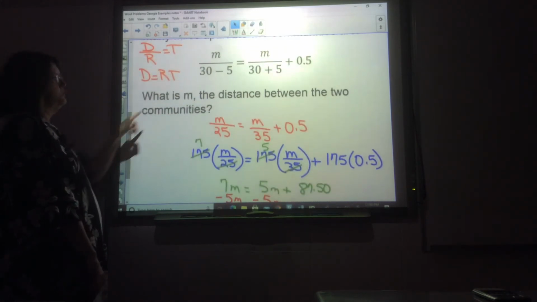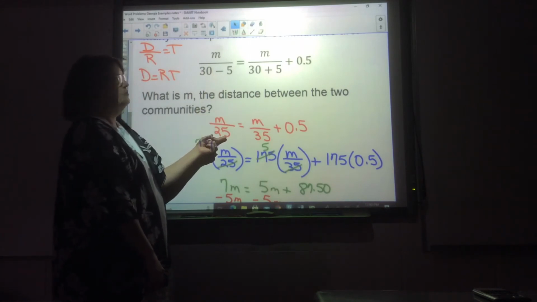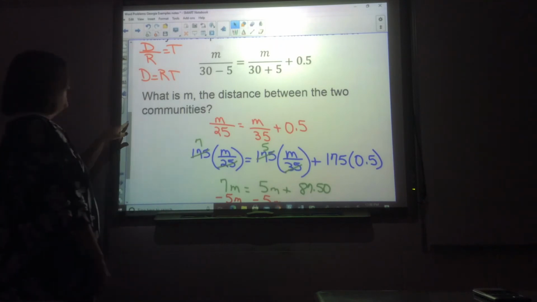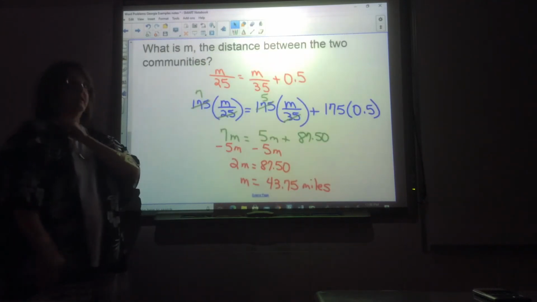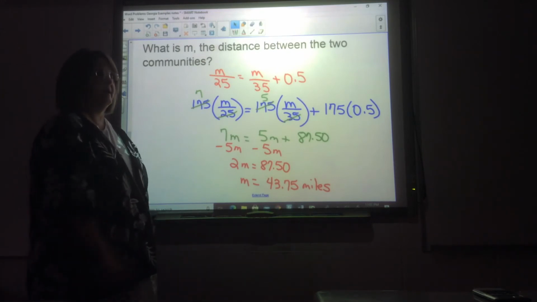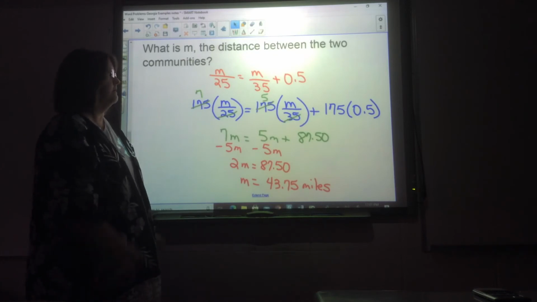Now what we do is we take this equation and we take 30 minus 5 and we make it 25, and 30 plus 5 and we make it 35. Now, to clear an equation of its fraction, I have another video on fractional equations if you need to look back at that. Those aren't word problems, so if you need to look back at that video on Google Classroom, be sure to go back and look at it.